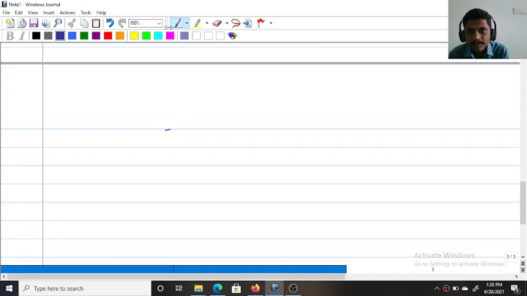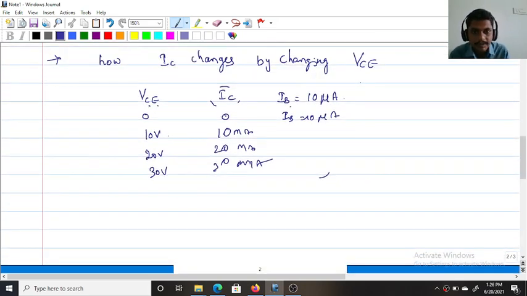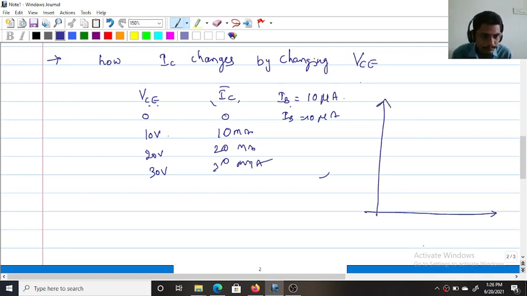If you draw the graph between these output parameters, I want to show how the collector current changes by varying the collector to emitter voltage.